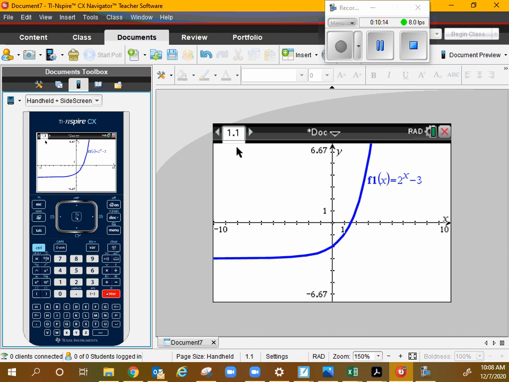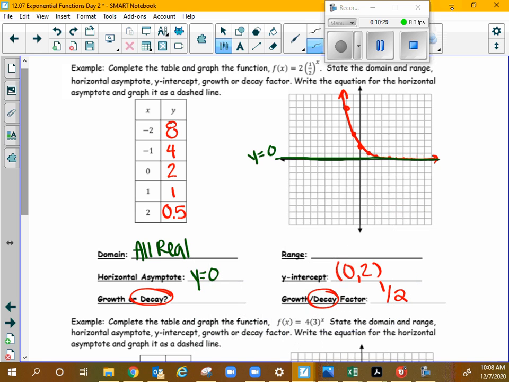Okay, so my line would be right here. My horizontal asymptote would be y is equal to negative 3. But that also means that my range would be y is greater than negative 3, right? So that range value kind of helps you double check what you have. So what's my range? Y is greater than 0. Very good.